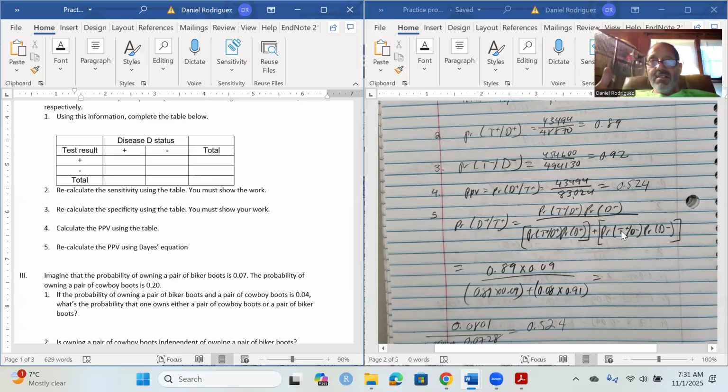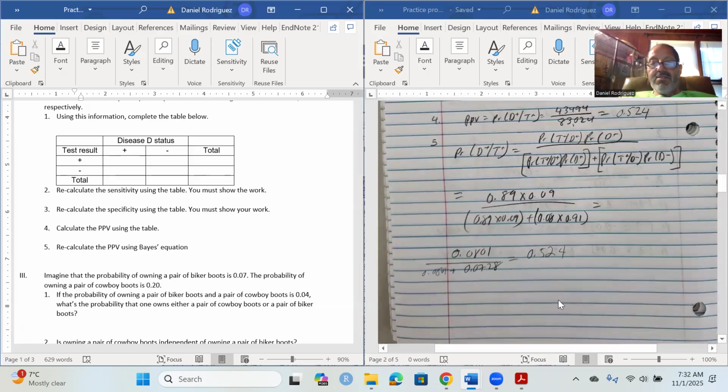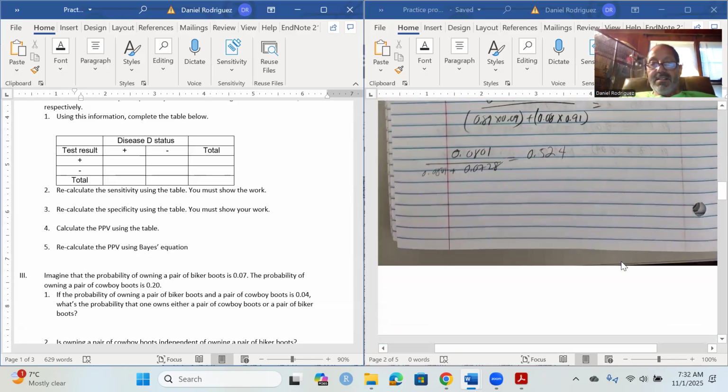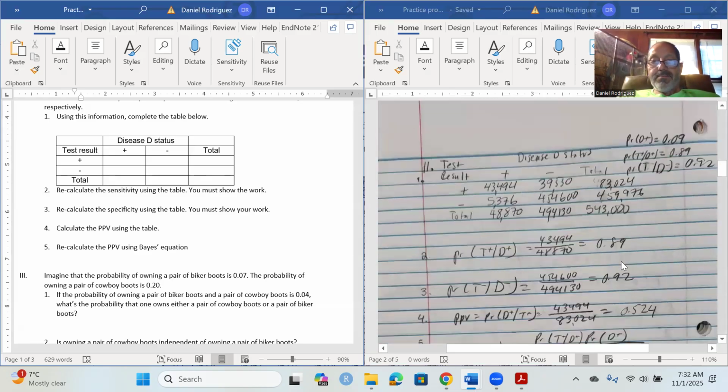So either you test negative or you test positive. Those are complementary events. So it's 1 minus 0.92, which is 0.08. And the probability of being disease negative is the complement of being disease positive. So there's a 9% prevalence, right? So 1 minus 0.09 is 0.91. You just do the calculation and they should be equal. If not, you did something wrong.